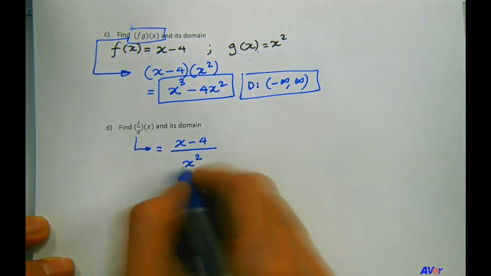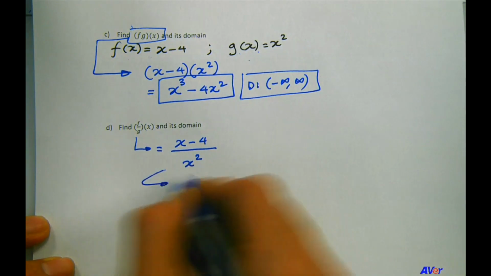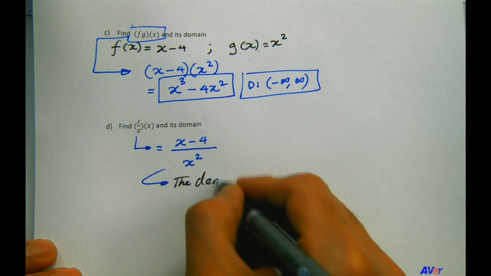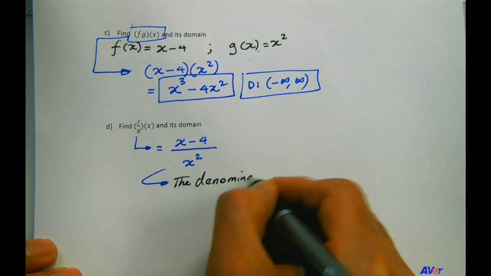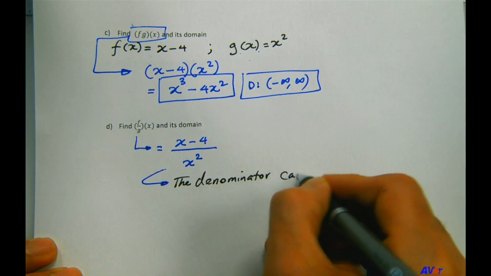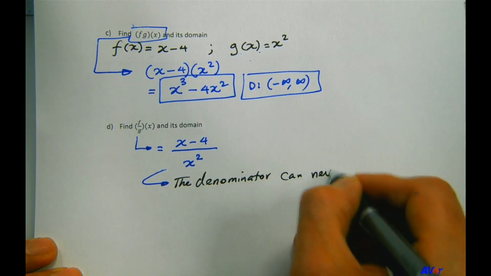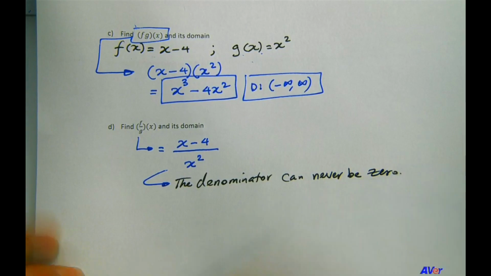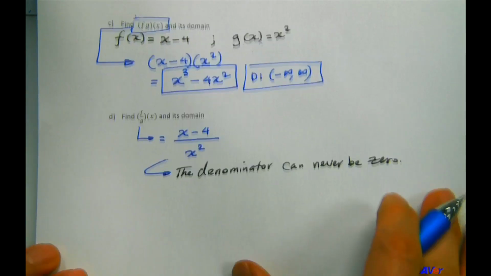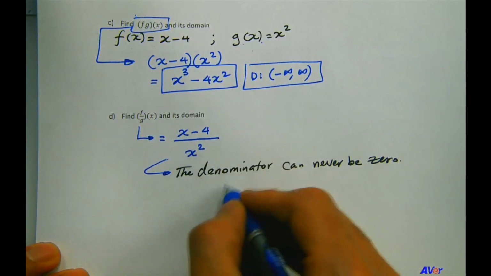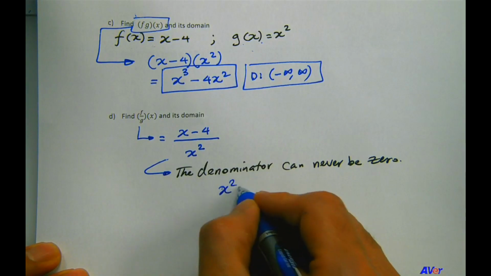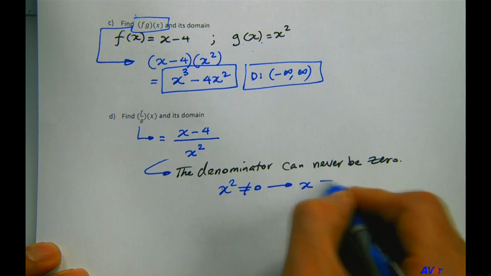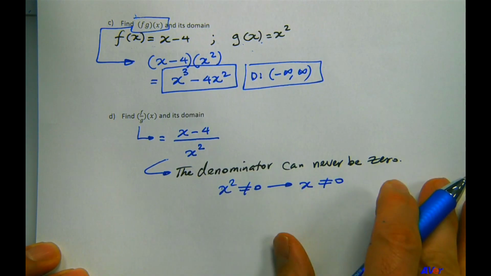So x squared cannot be equal to 0, therefore x cannot be equal to 0, right?